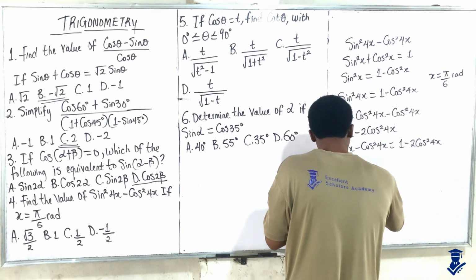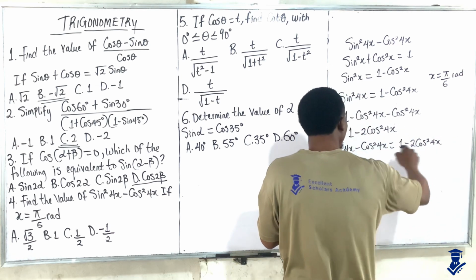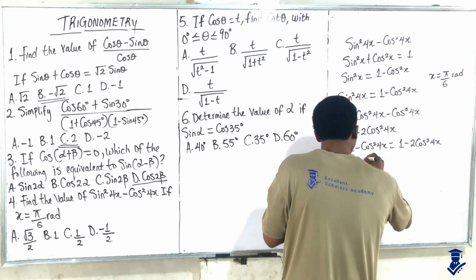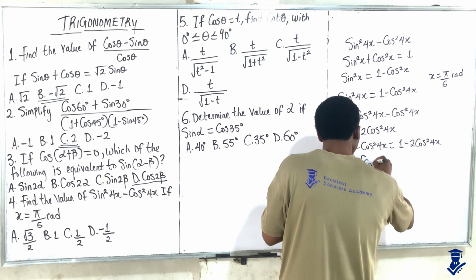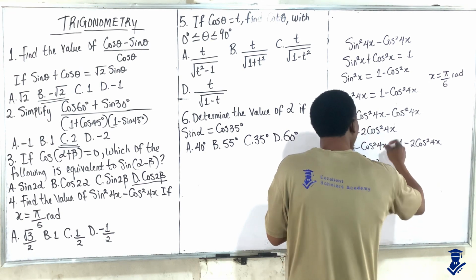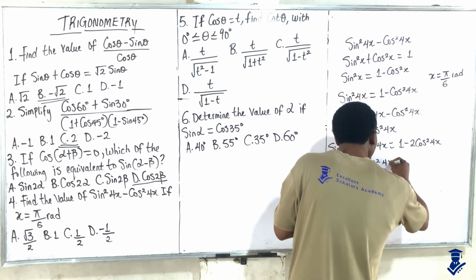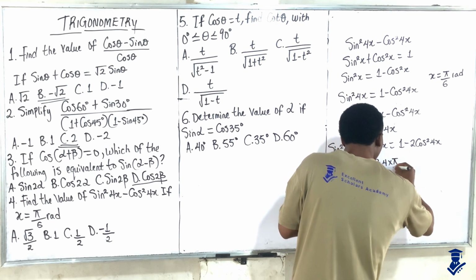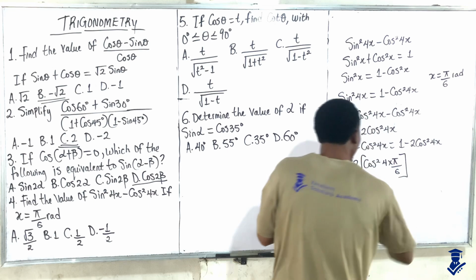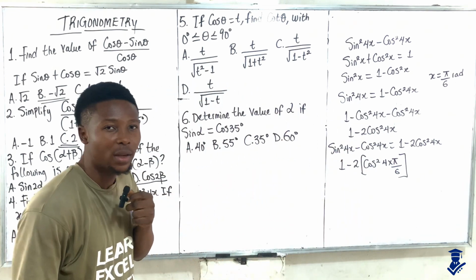So it's going to be 1 minus 2 multiplied by cos squared 4x. Now that's going to be 4 times, what is our x? Pi over 6.